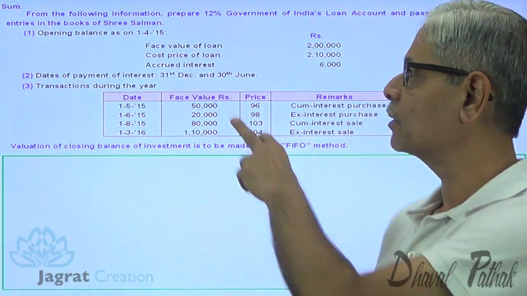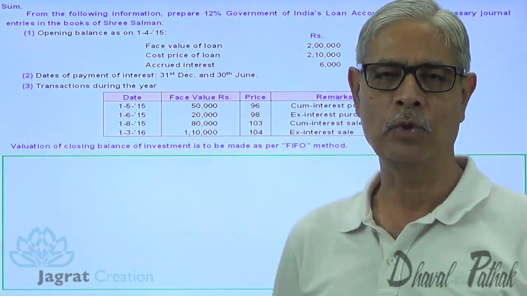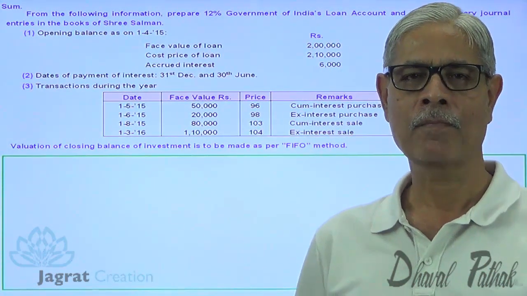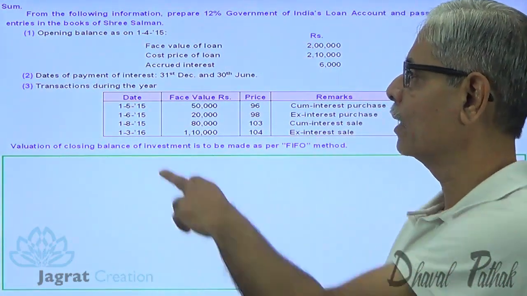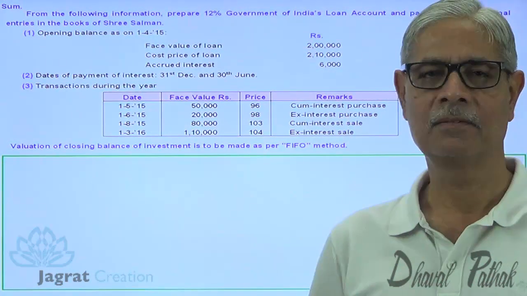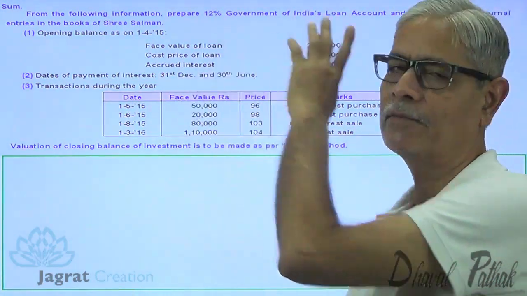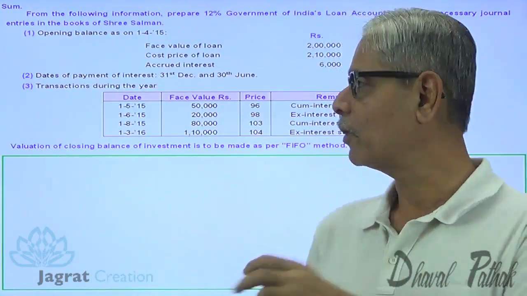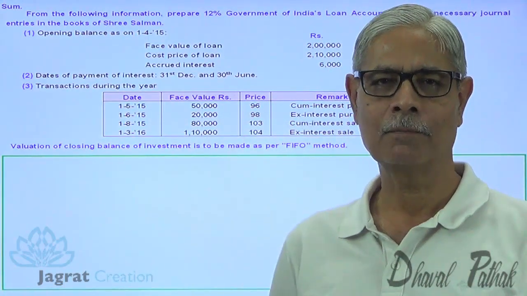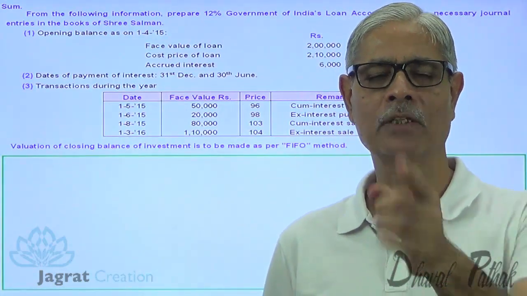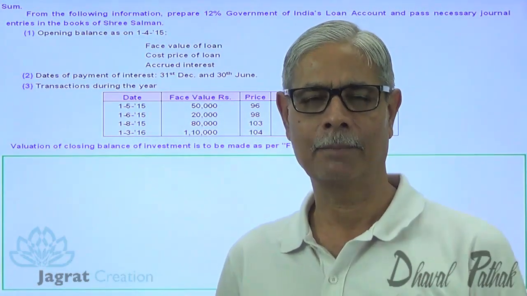Suppose that I sold the investment on, say, 1st of August. So 1st of August is a day between 30th June and 31st of December. So on 1st of August I have sold this investment of 80,000. So I will not receive the interest on this 80,000 on the next interest date because I have sold them.